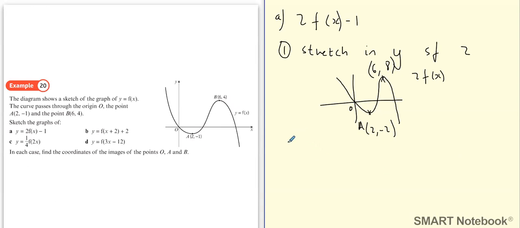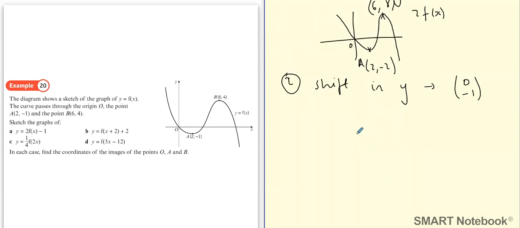Okay, and now stage 2 will be the shift in y. I need to shift it down by 1. So now it's going to look like this. Your y-intercept is minus 1.